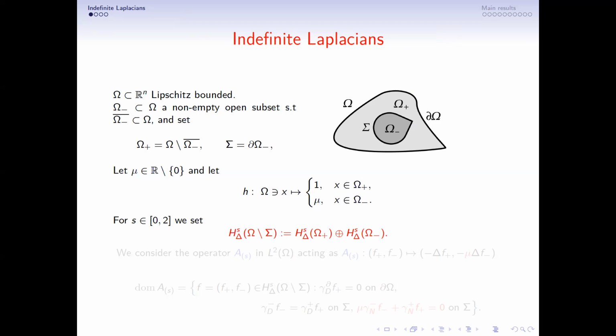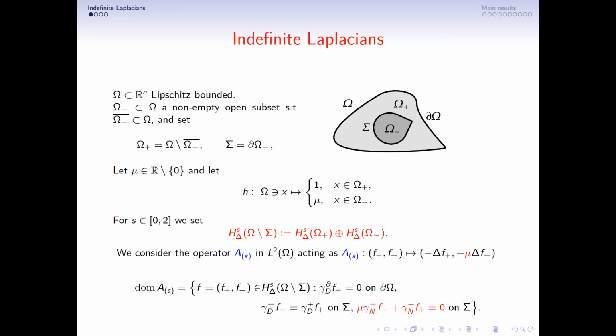Also, I'm going to use this notation for a function in omega: we will have a couple of functions, plus and minus, given just by the restrictions. And I'm also using this notation for the direct sum of those spaces.